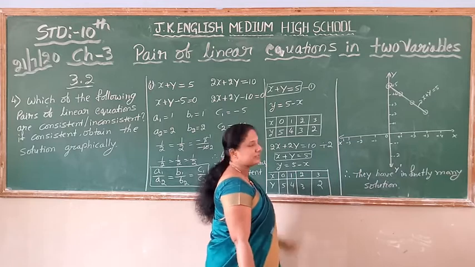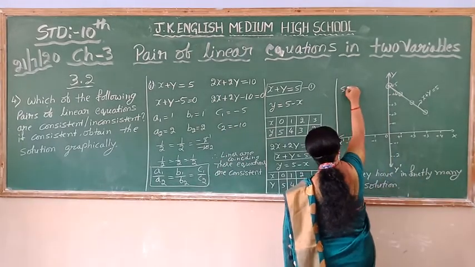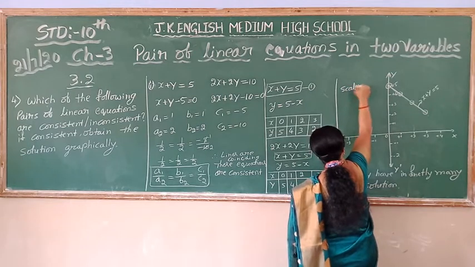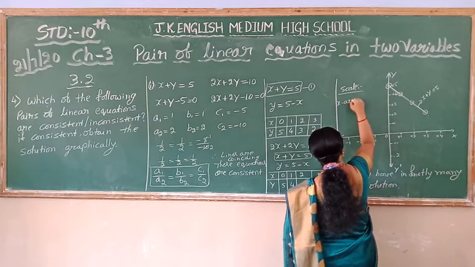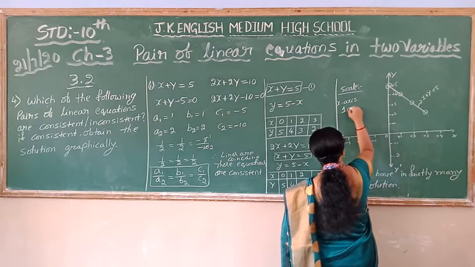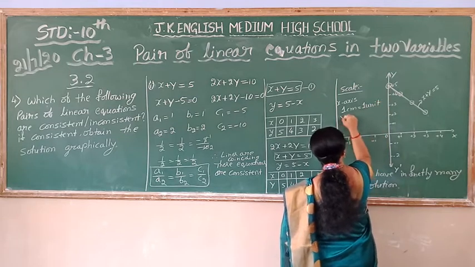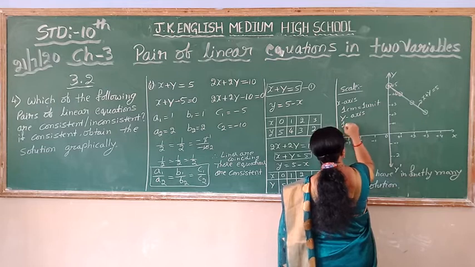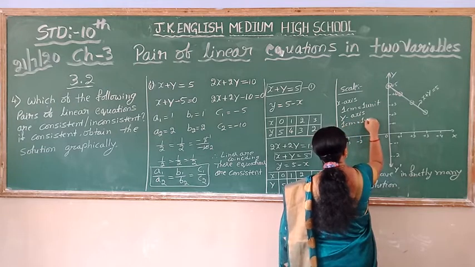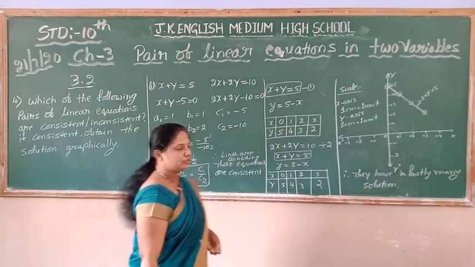Children, you write it. Take a scale, you can write it this way. Both axes I have taken 1 centimeter equal to 1 unit. On the x axis, 1 centimeter is equal to 1 unit, and on the y axis I have taken the same. So write this scale and plot the graph in your notebook.